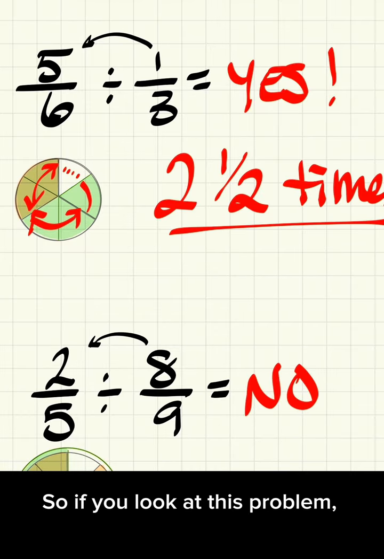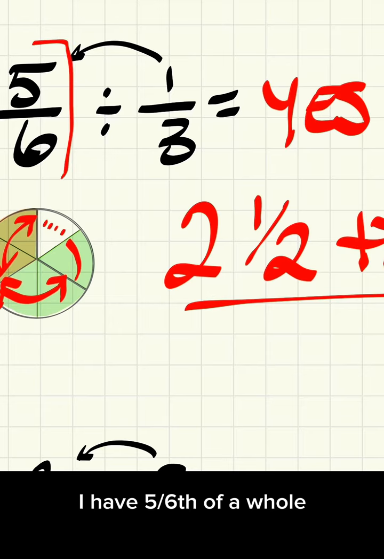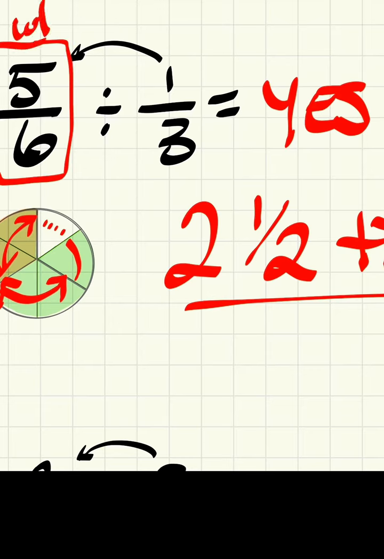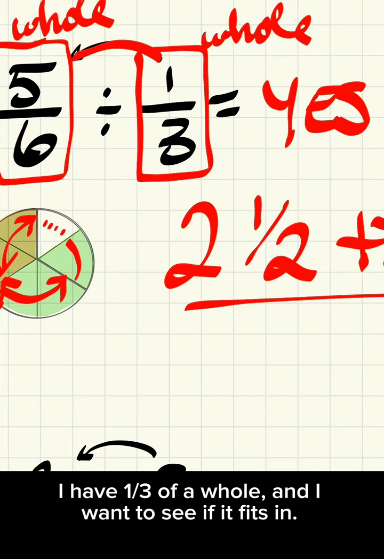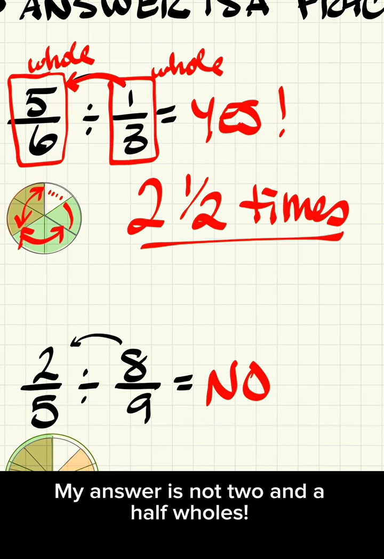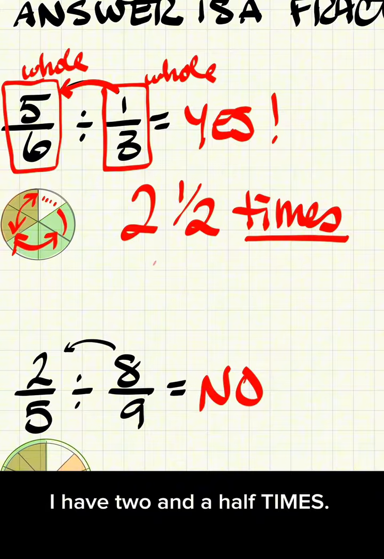So if you look at this problem, and this is the big thing, I have 5/6 of a whole. That's a thing. I have 1/3 of a whole, and I want to see if it fits in. My answer is not 2.5 wholes. I don't magically have 2.5 wholes. I have 2.5 times.